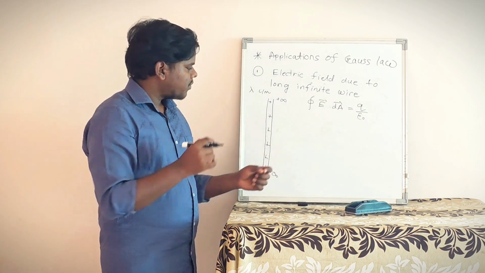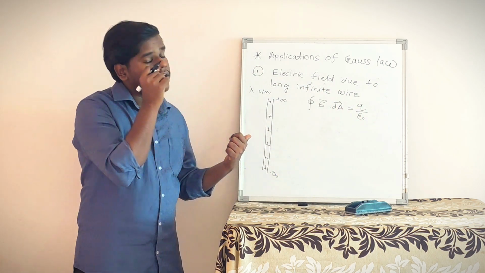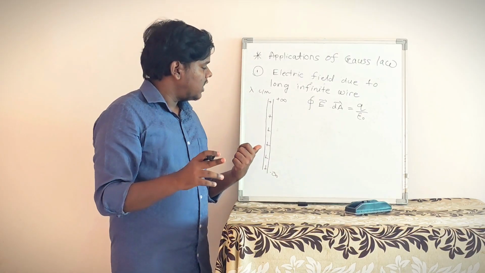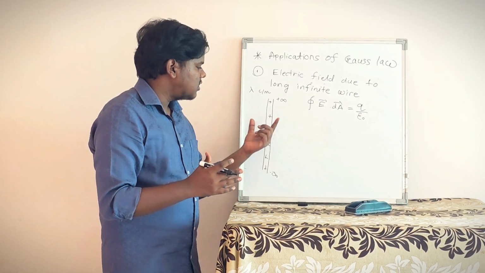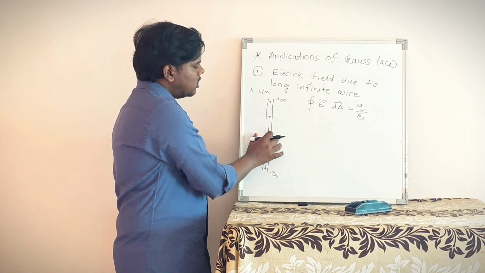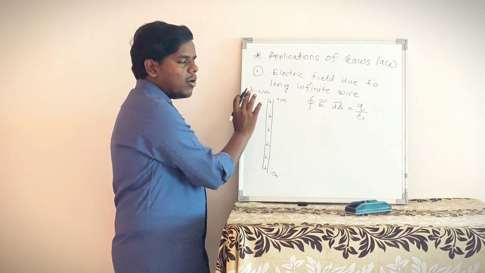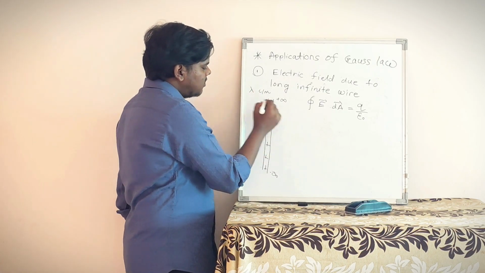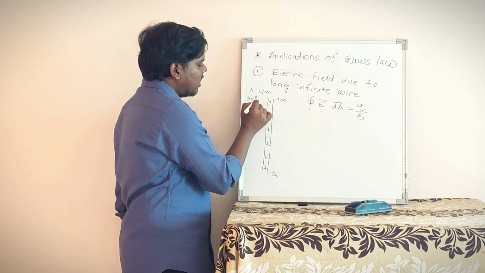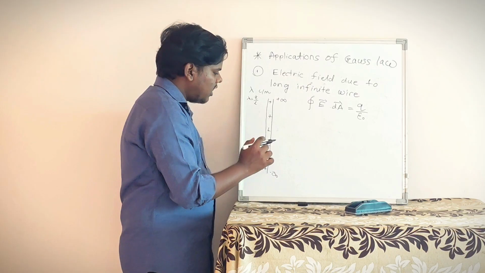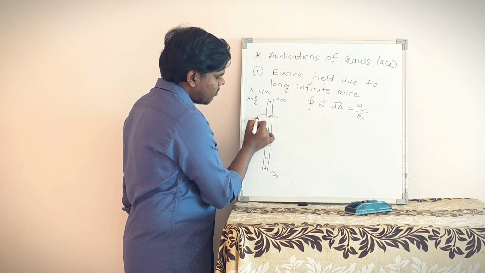Here we have this long infinite wire, so the important thing is we can draw a Gaussian surface. Charge distribution on this wire is lambda coulomb per meter, so lambda is q by L, where L is length.